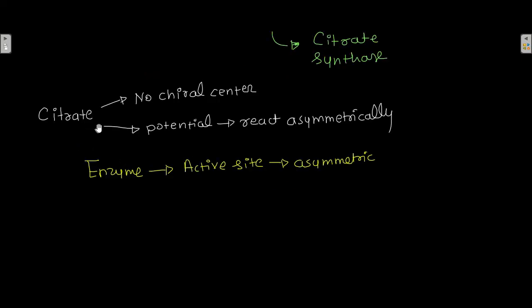Now this citrate doesn't have a chiral center, but it has the potential to react asymmetrically with an enzyme that has an asymmetric active site. So if the enzyme has an asymmetric active site, then the citrate is going to react asymmetrically with that enzyme even though it does not have any chiral center in it.